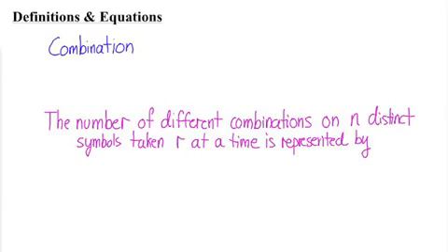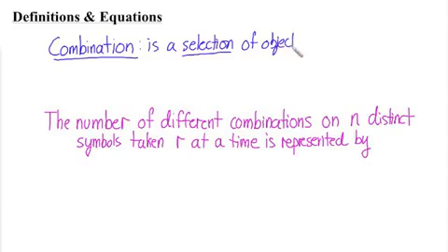So let's take a look at a couple definitions. The definition of a combination is a selection of objects without regard to order.